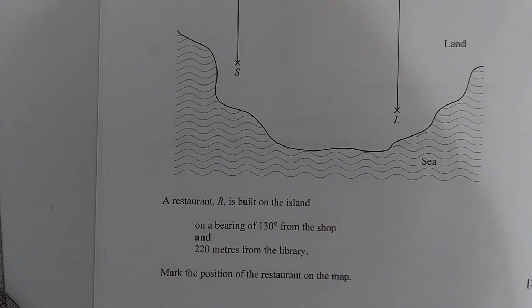Again, bearing, you measure it from the north of the point, and then clockwise. And when you write the result of the measurement for the bearing, you need to use 3 digits. Okay, so the restaurant R is on a bearing of 130 degrees from the shop.